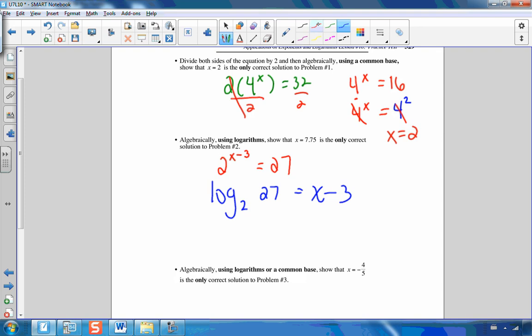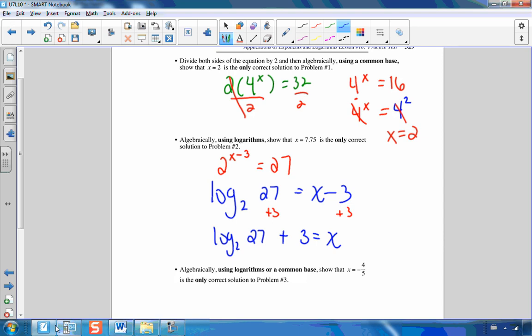And then I would just add 3 to both sides. Obviously, you cannot do 27 plus 3. So this is log base 2 of 27 plus 3 equals x. Now, we want to show that that actually equals 7.75.